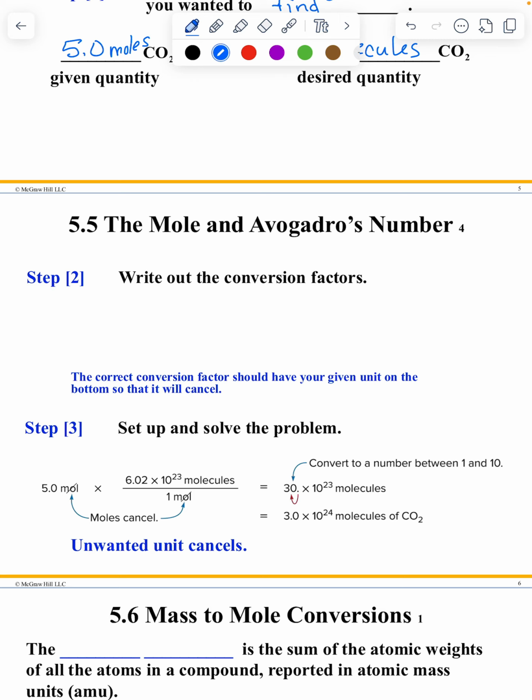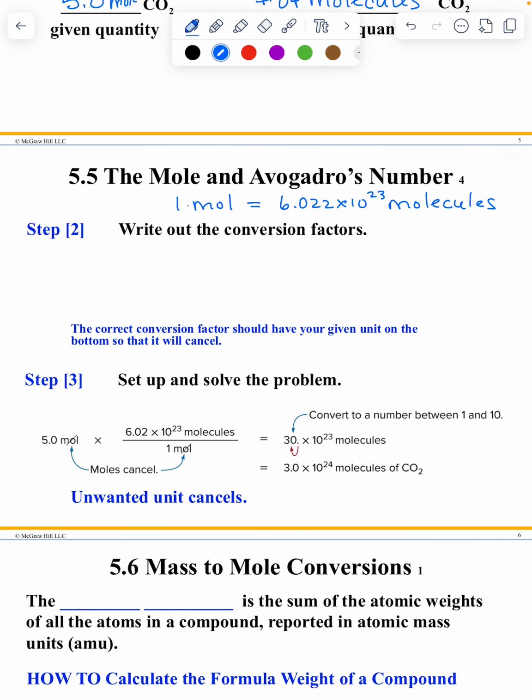Step 2 then would be to write out our conversion factors. Again, we have to think about what is the relationship between moles and molecules. If you remember, we said that 1 mole is equal to Avogadro's number of molecules. So this is the relationship, and now we want to write out the conversion factors.